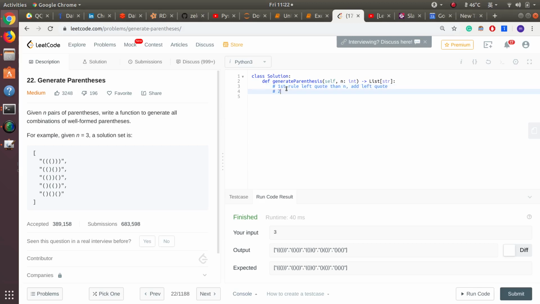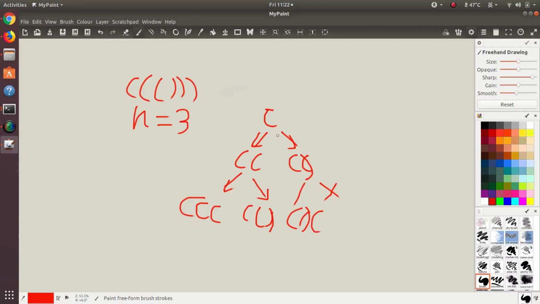And second row: if right quote is less than left quote, then we can add a right quote. And meanwhile, we can see the two rows are always going at the same iteration, which means we can start two rows at the same time.